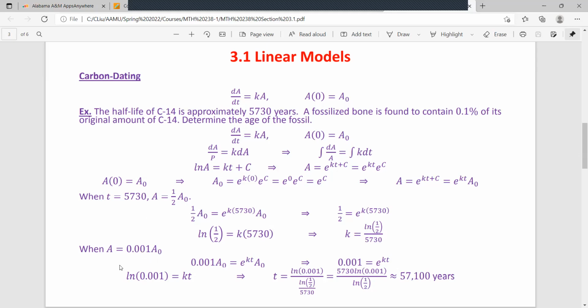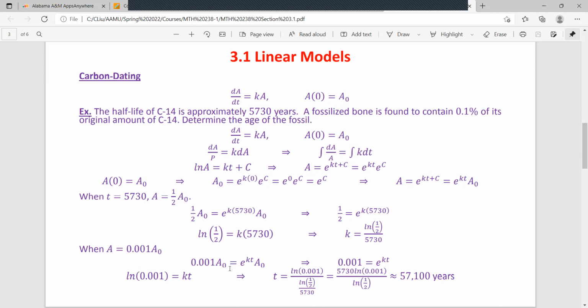Okay, so A will be 0.001 A0, and then just plug that into the solution to find out t.